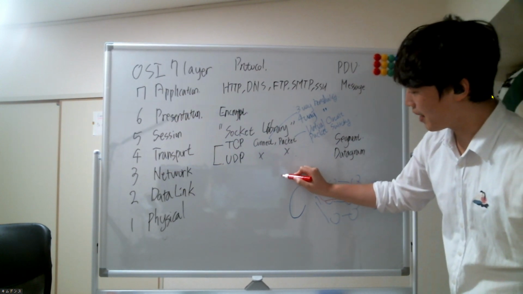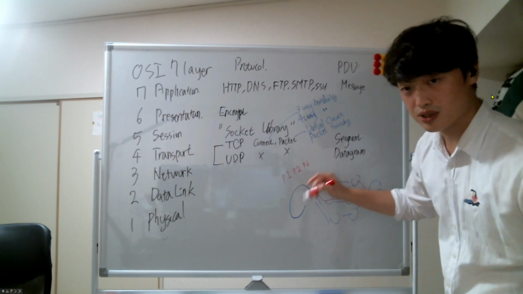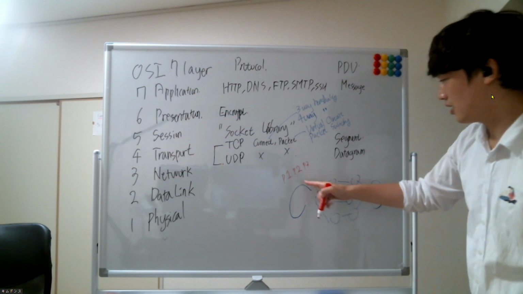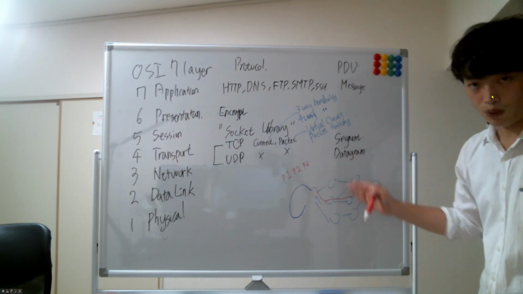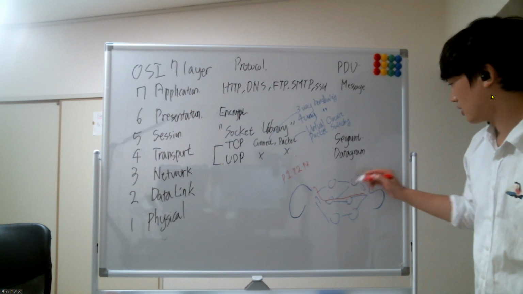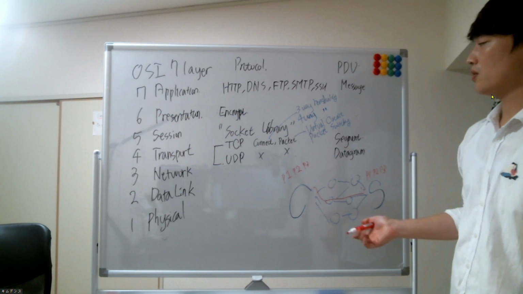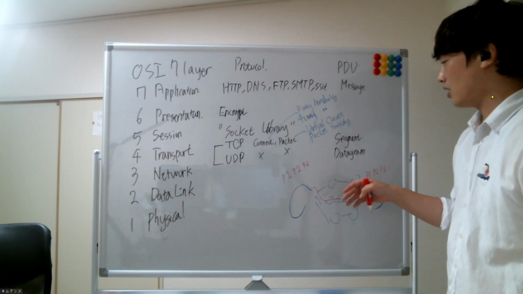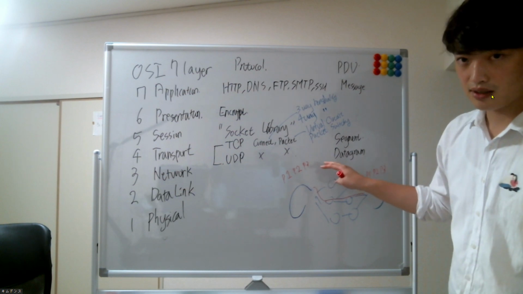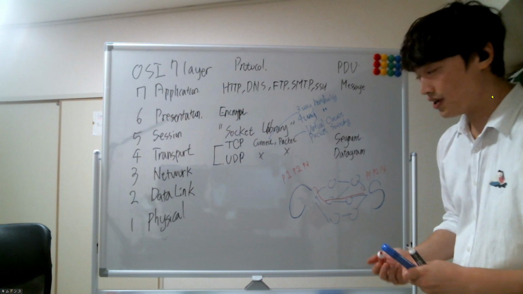There are packet 1, packet 2, and packet 3 in order. Then it transmits those 3 packets to the server side in order. So here come packet 1, packet 2, packet 3. It guarantees the order of the packets, and at the same time, it does not miss any packets from those 3.